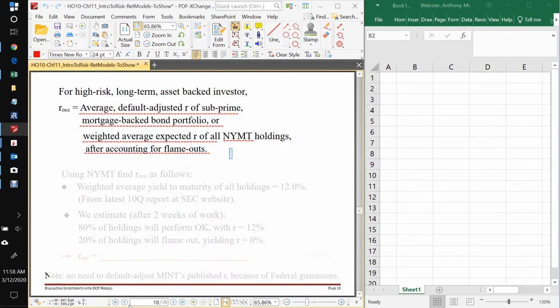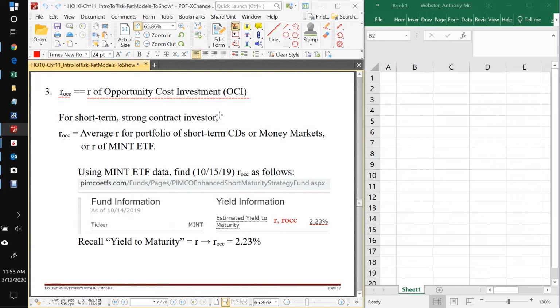Okay, why is this a little more complicated? This is a little more complicated because for the short-term strong contract investor, remember, everything that's in here, all 800 of the things in the Mint ETF, are guaranteed by the federal government. So essentially we don't have to worry about any of them going bankrupt or flaming out or anything like that.